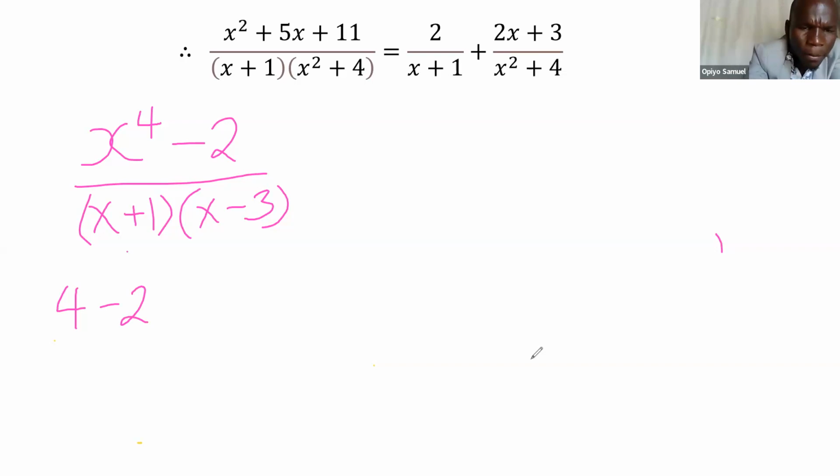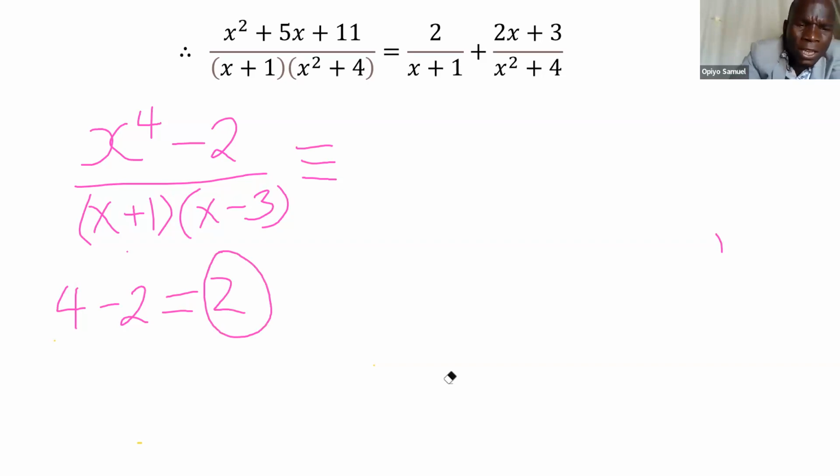This gives us 2, not 3. It gives us 2, which means when you're expressing this fraction, you let it be equivalent to a polynomial of degree 2.